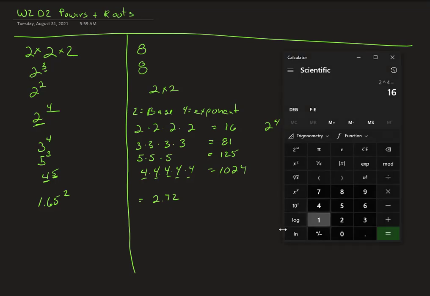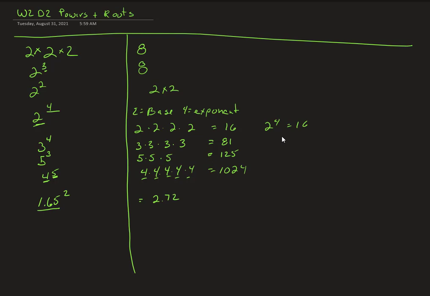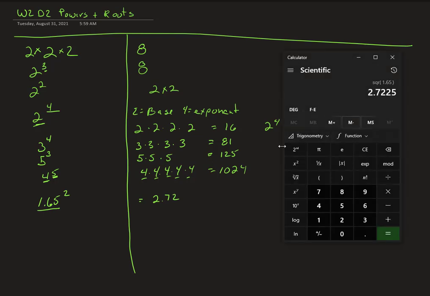How does it come out on the calculator? We actually get several digits out here, but we need to round it to the number that we have in the base. So we rounded 2.7225 to 3 significant digits because that's what we have in the base.